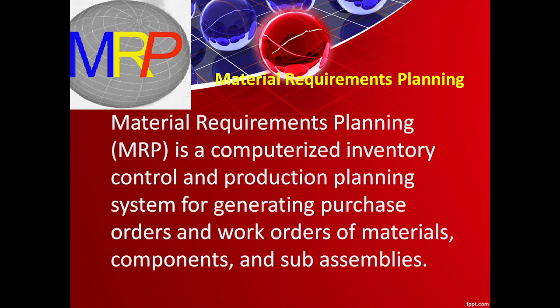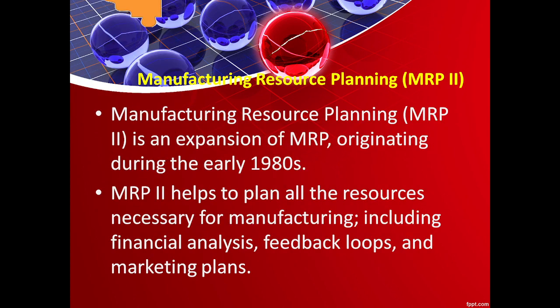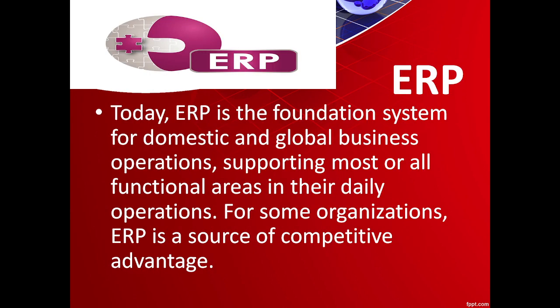Because they are getting the central database information updated regularly by the manufacturing department. So we call it manufacturing resource planning. Manufacturing resource planning is the expansion of MRP only, and it helps to plan all the resources necessary for manufacturing, including financials, including feedback loops, including the marketing plans.